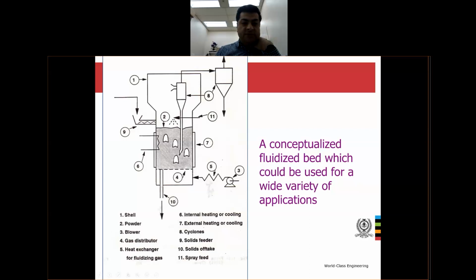This pipe is called the dip leg. And then the exit gas is out, and if the exit gas still contains some solids, you might use a secondary cyclone chain in order to recover the solid, and you have the final gas in the outlet of the cyclone. And this is a typical fluidized bed reactor.